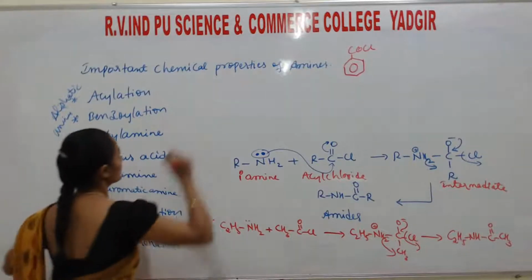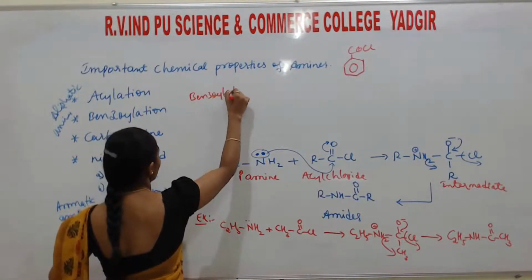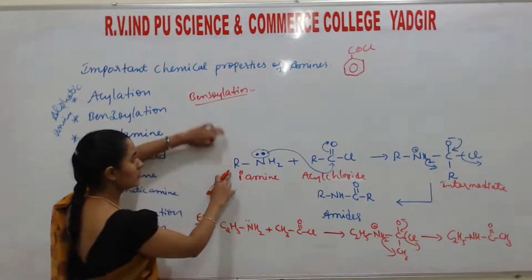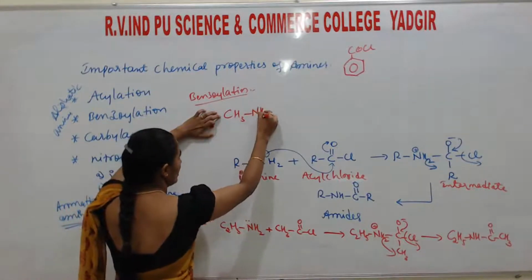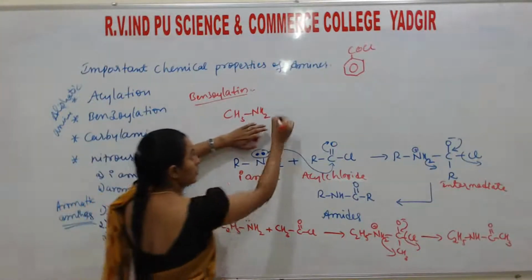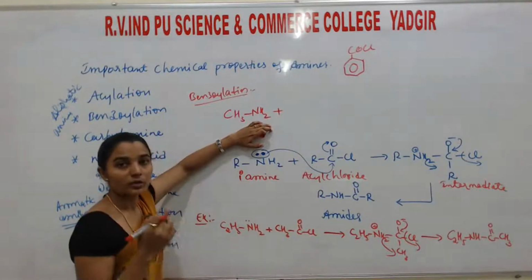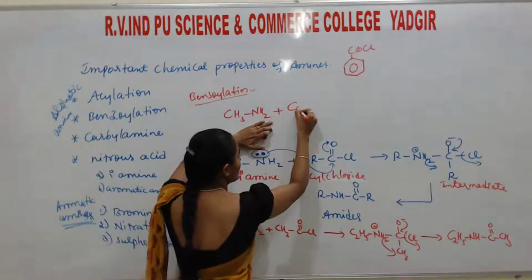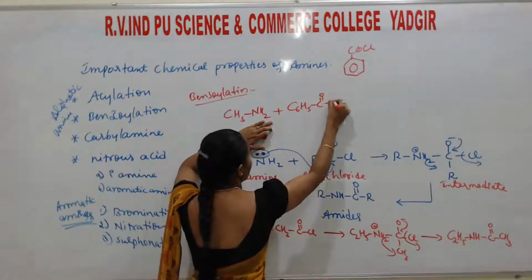Students, this one is benzoylation. For this benzoylation, I am taking CH3 NH2 as an example. Correct? Benzoylation means this acyl chloride is benzoyl chloride. Benzoyl means here our group is C6H5 C double bond O Cl.